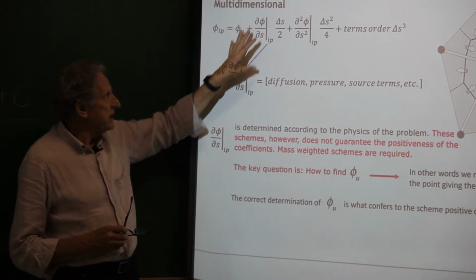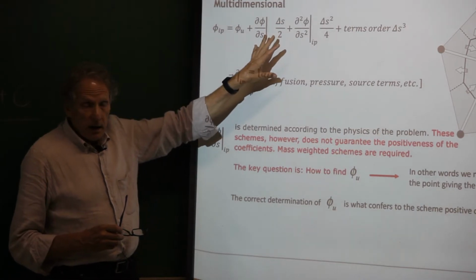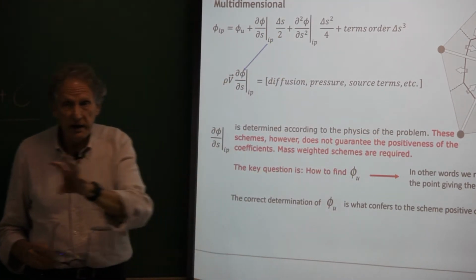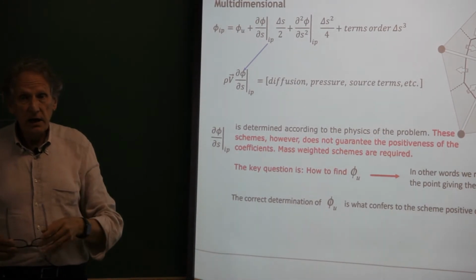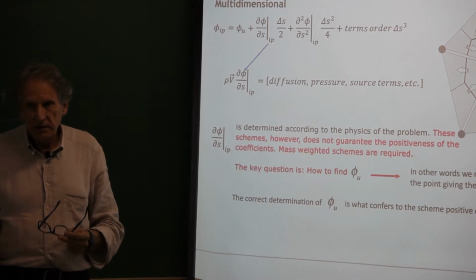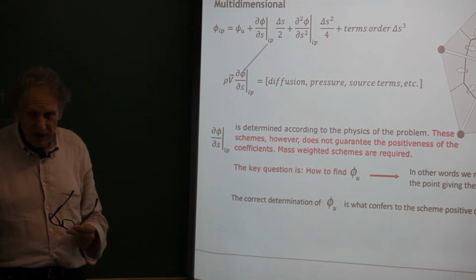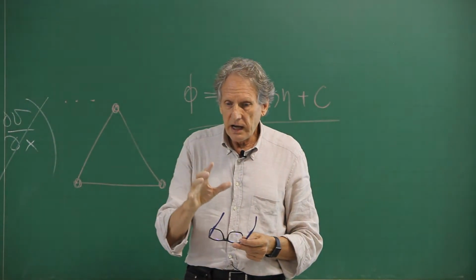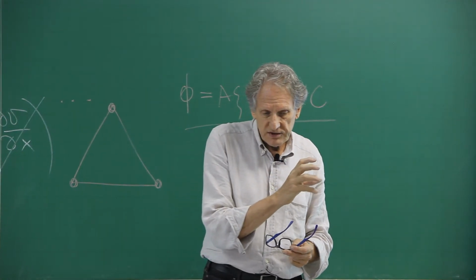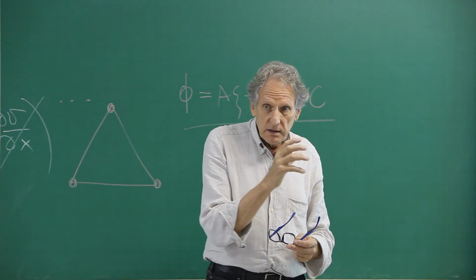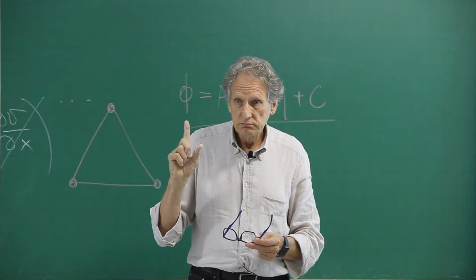Because I can have everything nice here, but if I don't have the right way to calculate the phi upstream, then I can introduce negative coefficients. And keep in mind, negative coefficients result from higher order schemes.